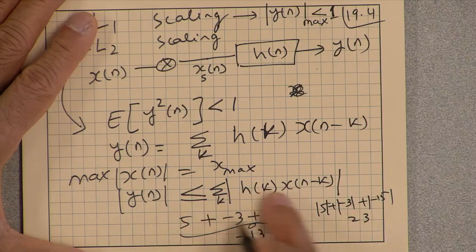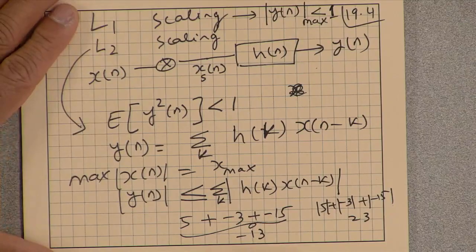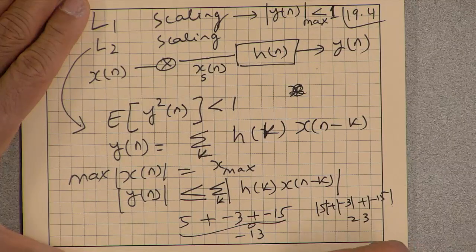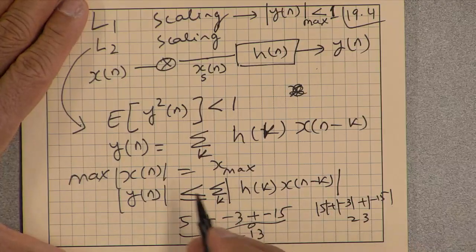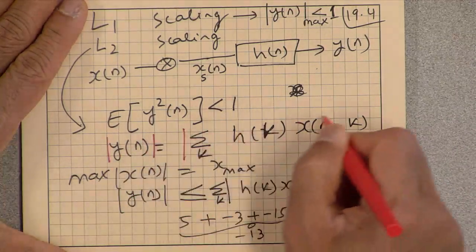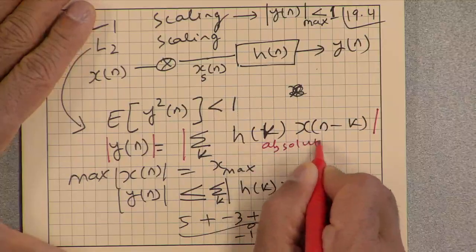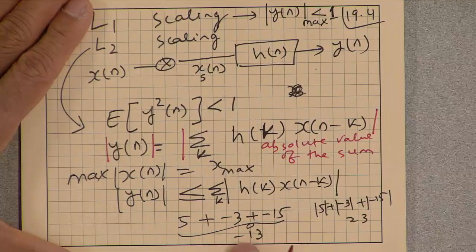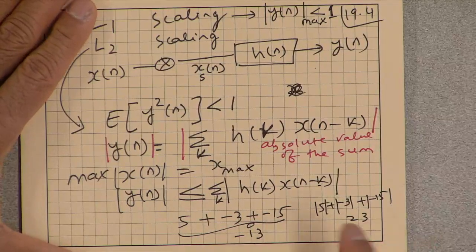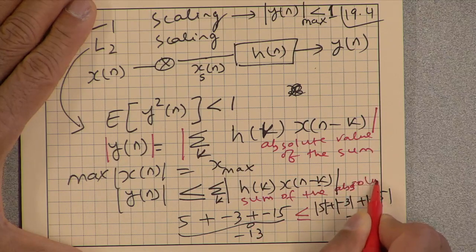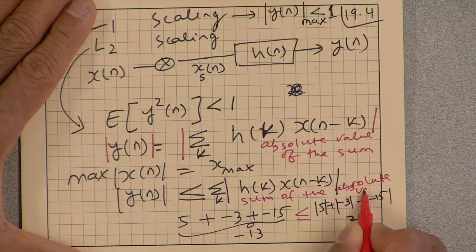So the absolute value of the sum: the absolute value of yn is going to be the absolute value of that sum, and the absolute value of the sum is always less than or equal to the sum of the absolute values.